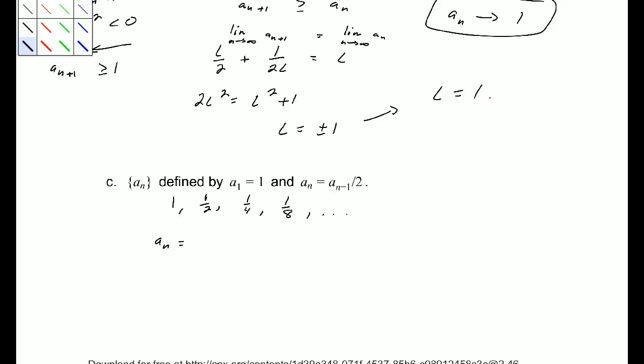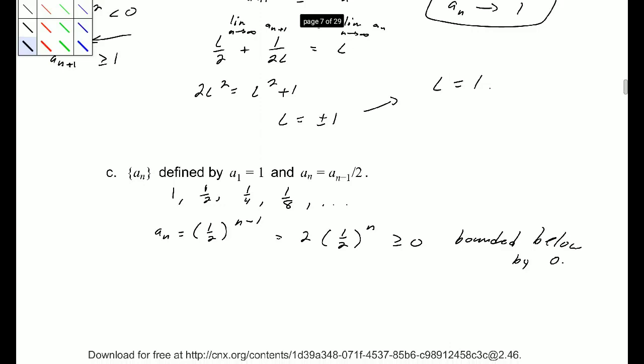So a_n is equal to (1/2) to the n minus 1, which is the same thing as 2 times (1/2) to the n. Okay, now that is always greater than or equal to 0, so it is bounded. Bounded below by 0.